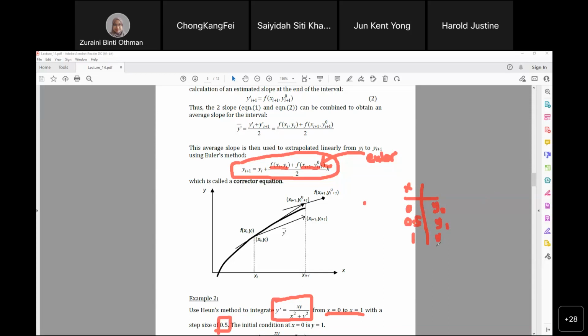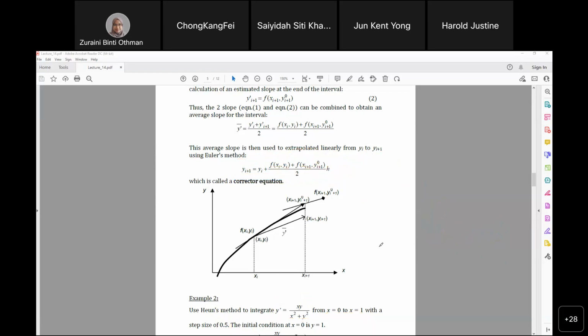Kita solve for y1 and y2. Yang ni dua ni kita kena cari. These 2 points. Okey, jadi dekat situ ada melibatkan menggunakan formula Euler's method guna untuk y1 and guna untuk y2. But remember we use the Euler method inside it. Ada Euler juga.